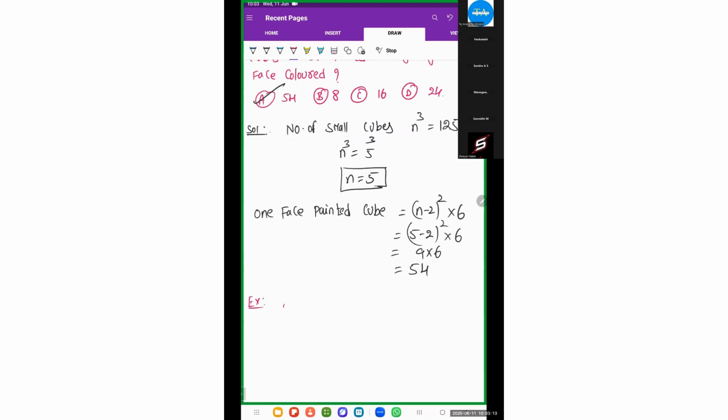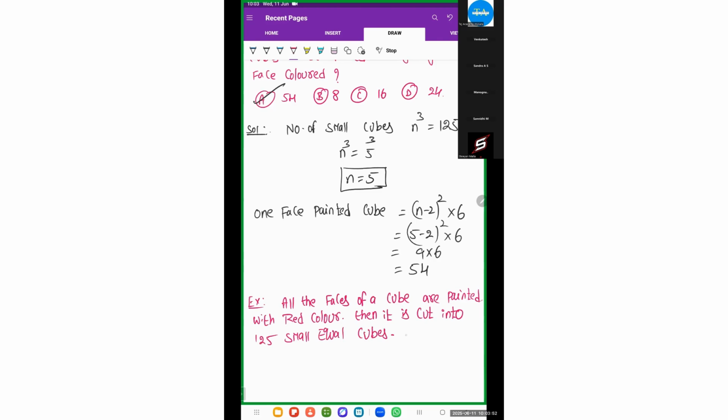All the faces of a cube are painted with a red color. Then it is cut into 125 small equal cubes.